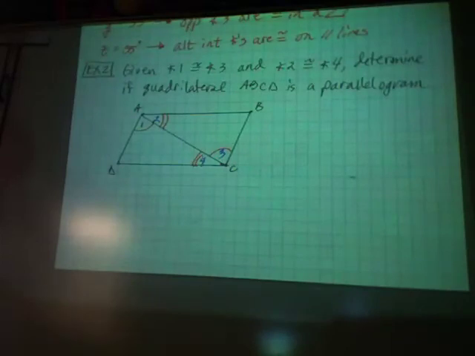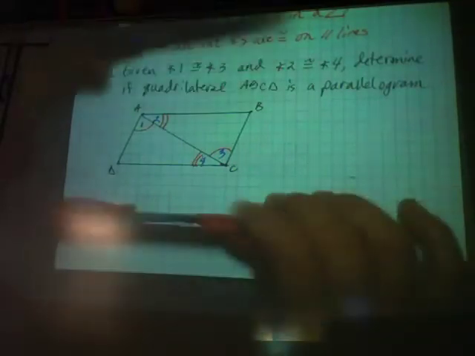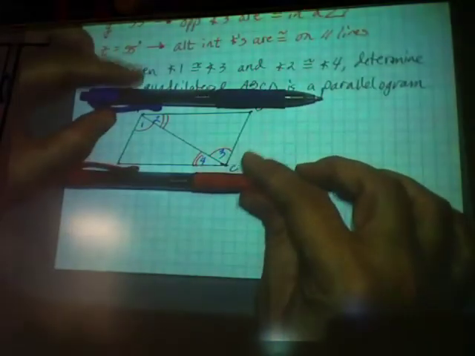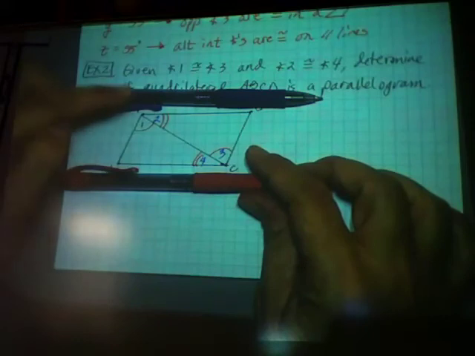So, if I'm trying to prove that opposite sides are parallel, look at these two lines right here. And this is my transversal. What can I use to prove that those lines are parallel? Angle 1 and 3 or angle 2 and 4?